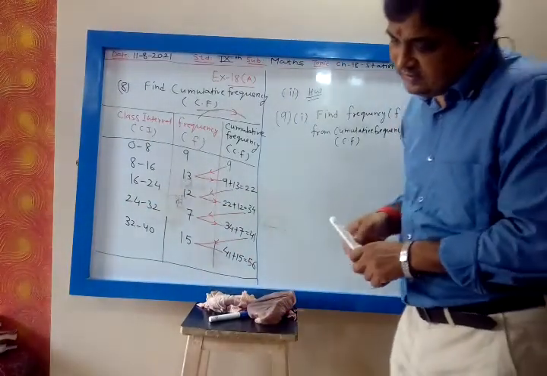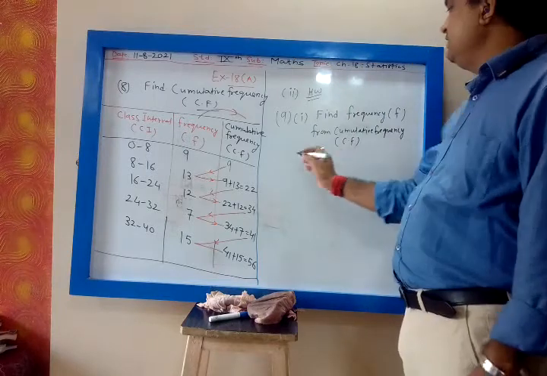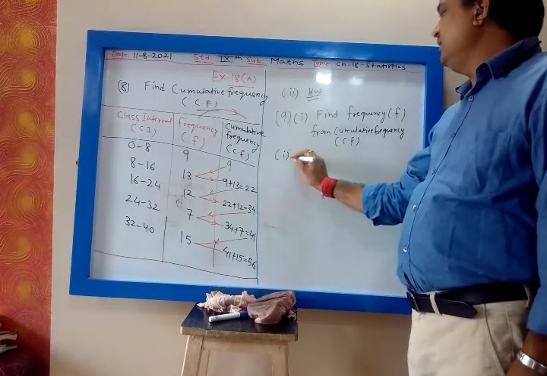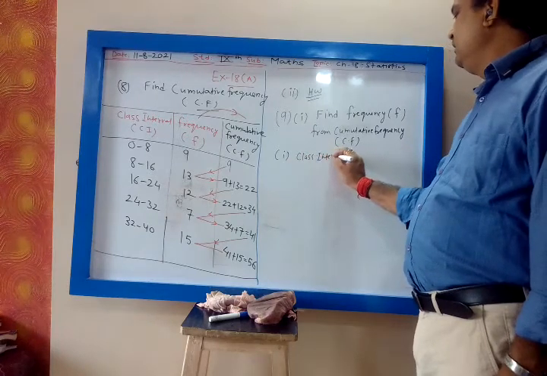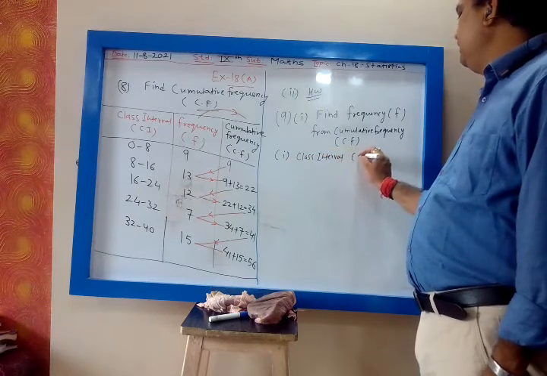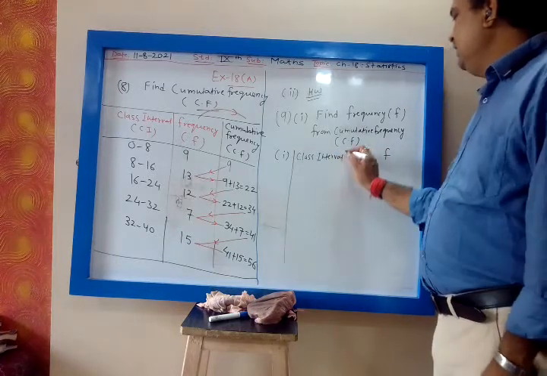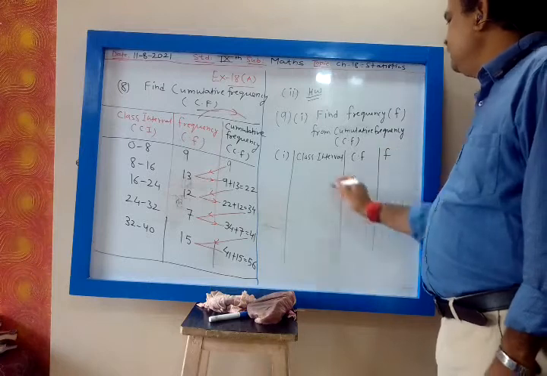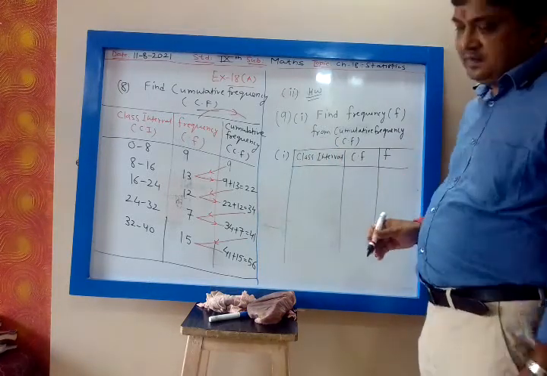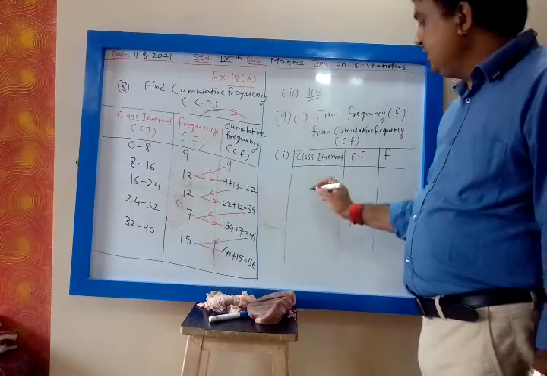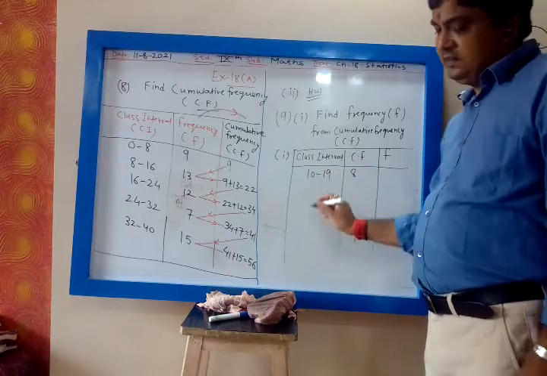So first it is given class interval and cumulative frequency, then next is frequency F. Class interval 10 to 19, CF is given 8.